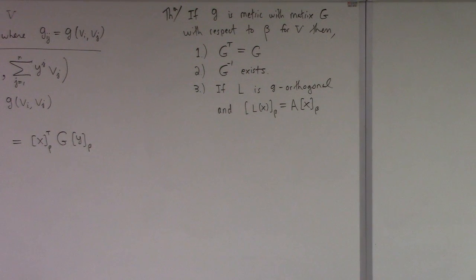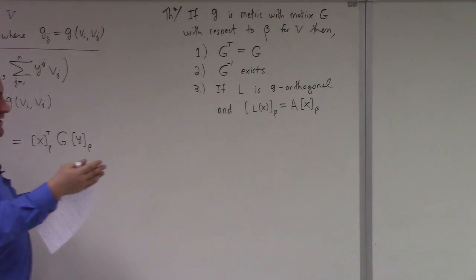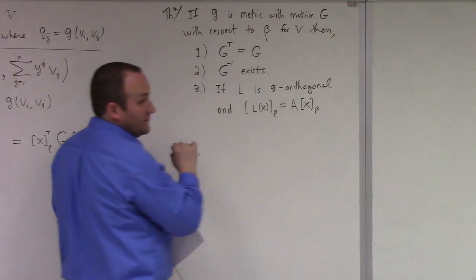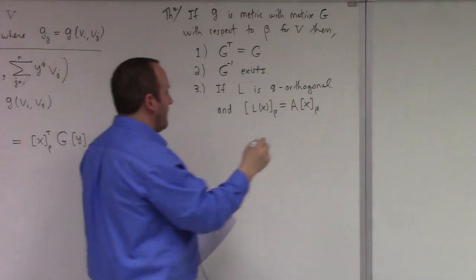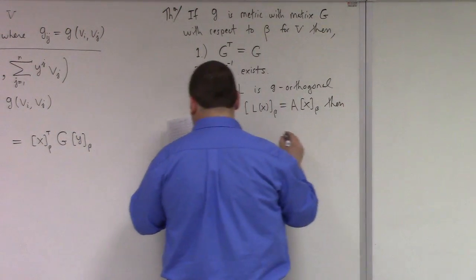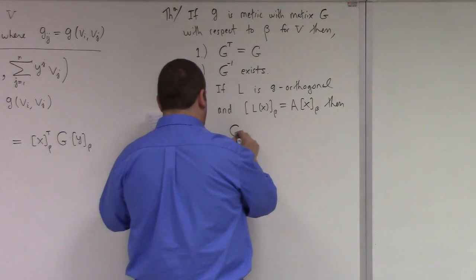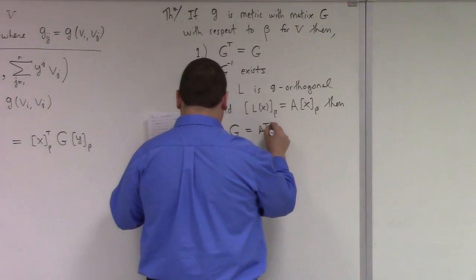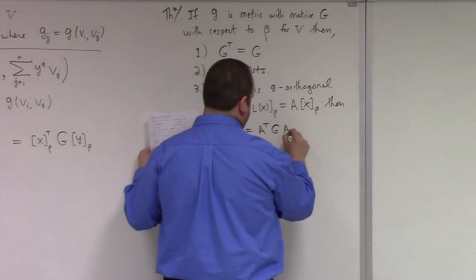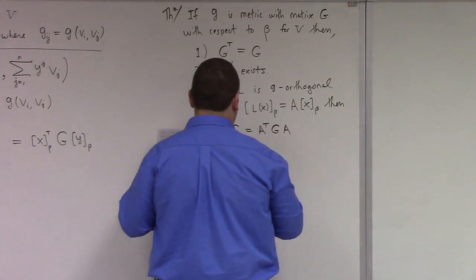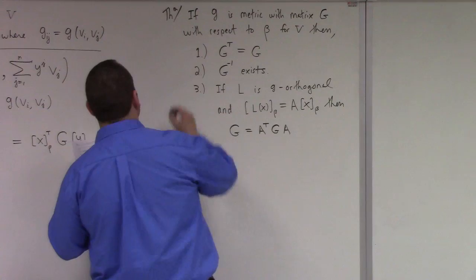So if L is a G orthogonal transformation, in other words, a transformation which preserves the geometry of the metric, and I'm defining A to be the matrix of L, then what? Something beautiful happens. G is equal to A transpose G A. So A has to satisfy that condition.